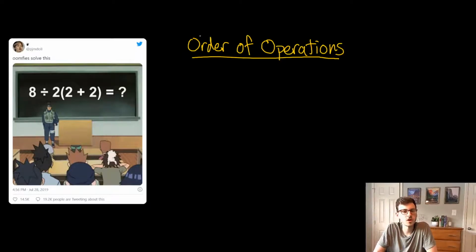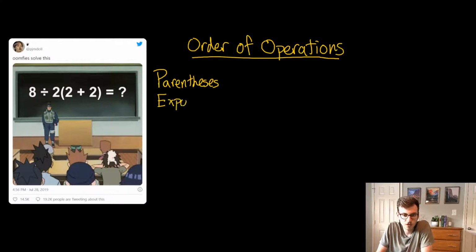Okay, order of operations. Here is the order laid out for us. You may have heard it called PEMDAS, right? The P is for parentheses. The E is for exponents.